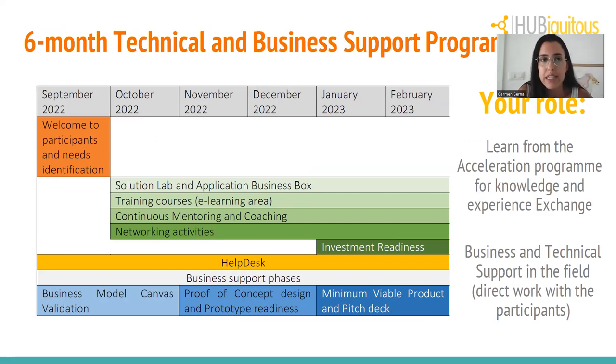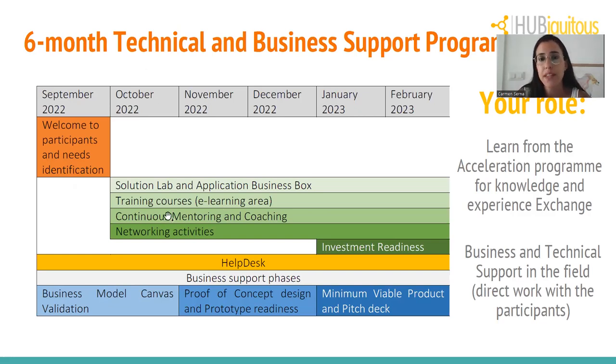What will you find in this 6-month technical and business support program? Well, the idea here is that the first program will start on September. We will use July and August to do this evaluation and selection of startups. And then on September, we will kick off this first accelerator program.